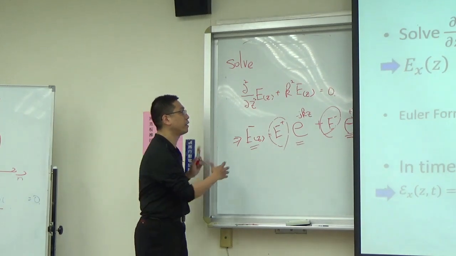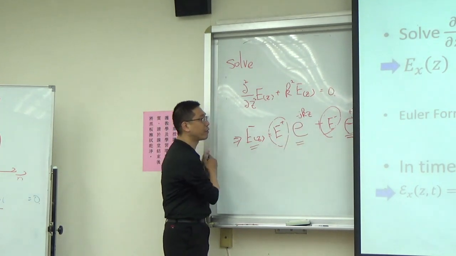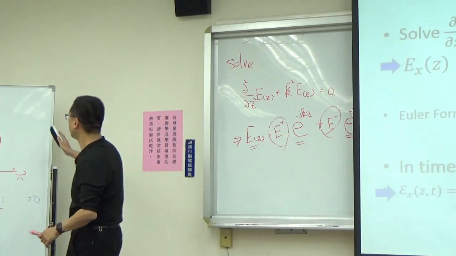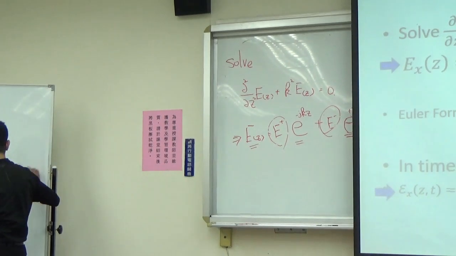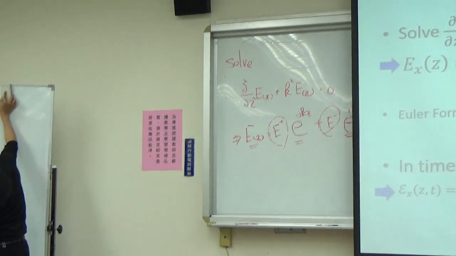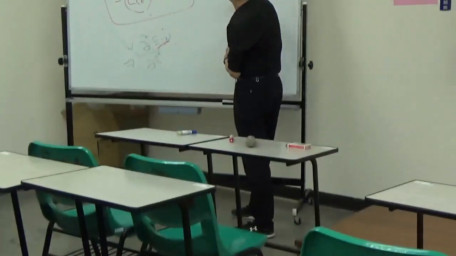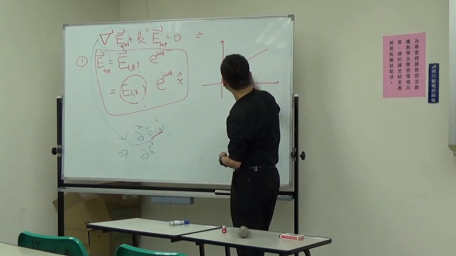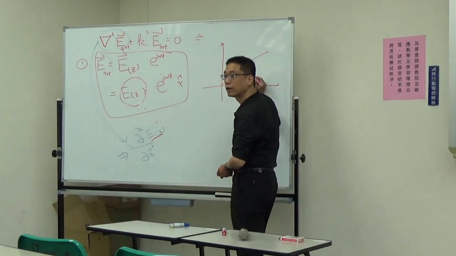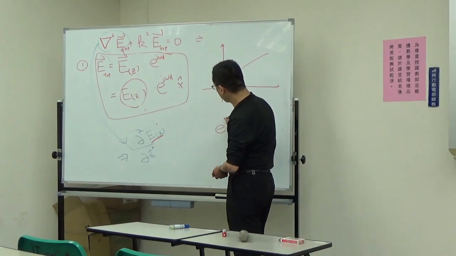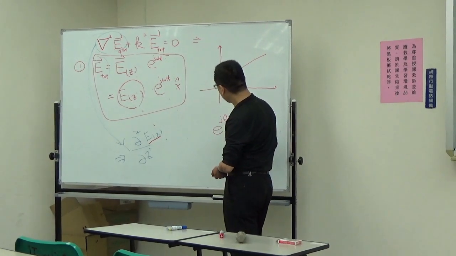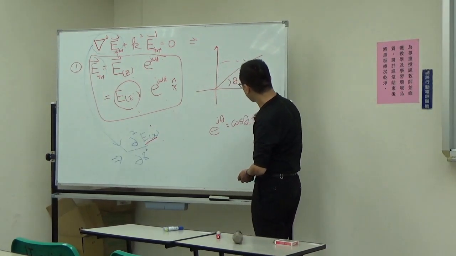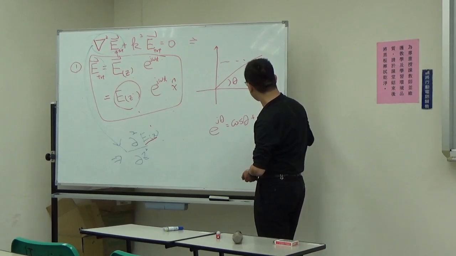Do you remember the Euler equation? If there is a theta, exponential j theta equals cosine theta plus j sine theta.